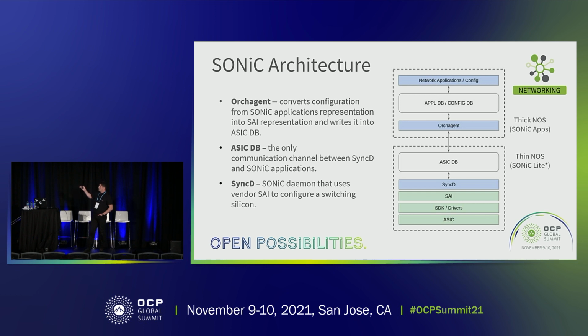And do you know what type of interface is between our agent and ASIC DB? In fact, it's a networking connection. In SONiC, it works through the loopback interface, but in fact, we can expose it to be available for remote access.